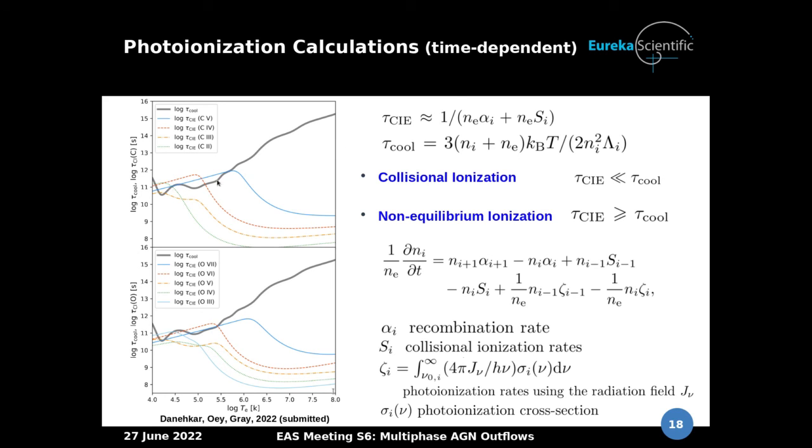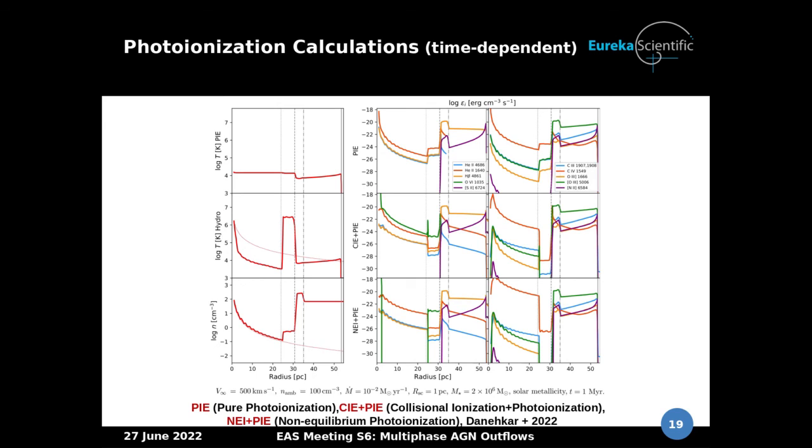This is true for O VI and C IV below 10^6 K. In this plot I show on top pure photoionization, in the middle collisional ionization plus photoionization, and on the bottom we see the non-equilibrium photoionization.